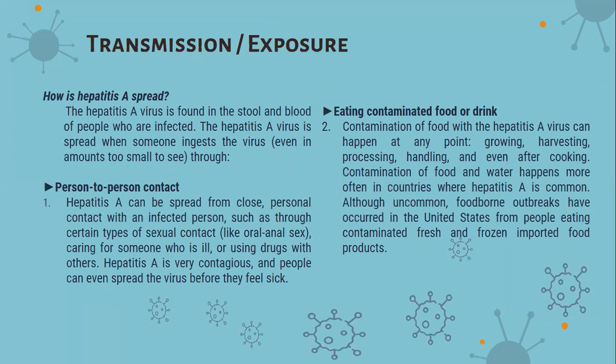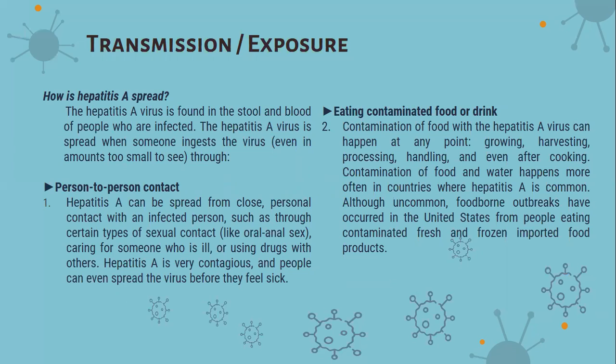Okay. So in the transmission or exposure of the hepatitis A, how is it spread? So this virus is actually found in the stool, or they call it the poop, or the blood of the infected person. So even just in a small amount, if this virus is ingested by a person, magkakaroon ka talaga ng hepatitis A virus.